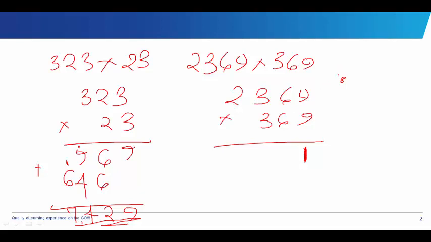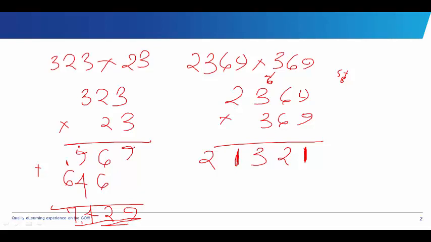We'll now add the 54 to the 8, and it becomes what? 62. We'll write the 2 and carry the 6. Okay, write the 6 here. 9 times 3 is 27. Now 27 plus that 6 gives us 33. So write the 3 and carry the other 3. 9 times 2 is 18. 18 plus that 3 will give us 21.